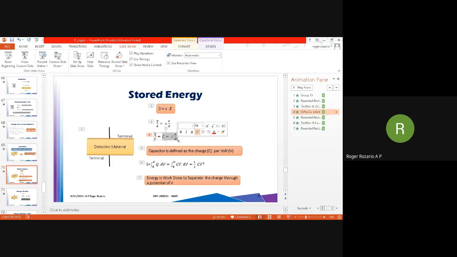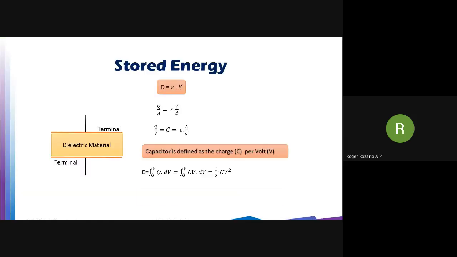This equation you can relate to the inductor. What is the inductor equation? L equal to N square into mu A by L. N is the number of turns, mu is the permeability of the magnetic material, and L is the length of the magnetic path. This is one more point I want to tell you.